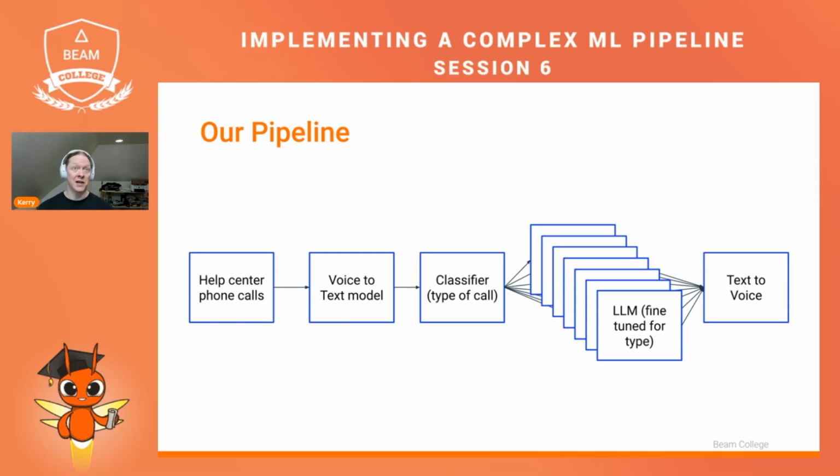different classes of data. So we did it for a fake set of phone calls for a help center, very formulaic and specific, transforming them to text, classifying them, running inference, getting some amusing replies because we don't actually have fine-tuned models, and then turning that back into voice.